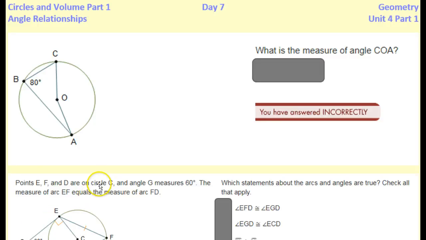In this video, we will do a few problems involving angle relationships. Let's start with the first angle relationships over here on the black screen. If you have a circle, here's the center.